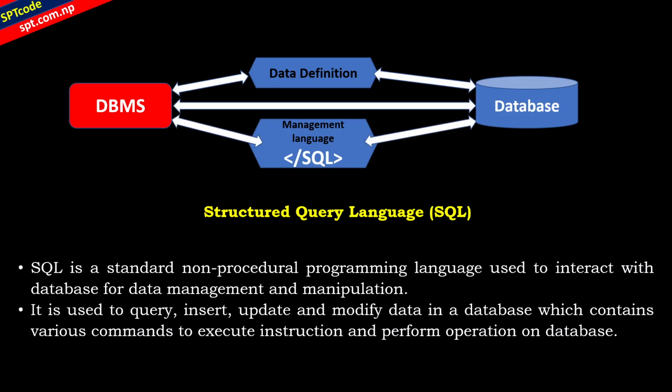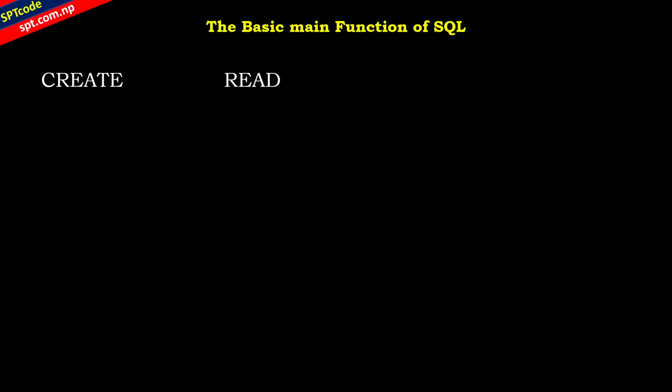So here will be the database system. Database systems use a language to communicate with the data or database. Mainly a structured query language is used to create, read, update, and delete. These are also known as the basic functions of SQL.